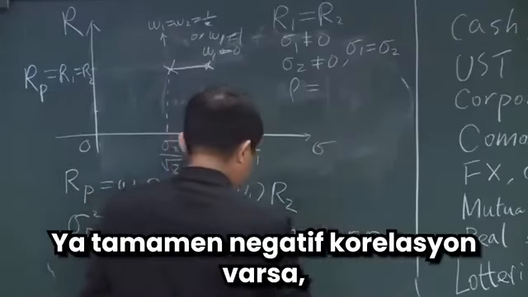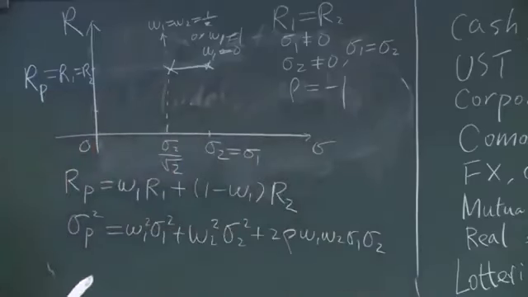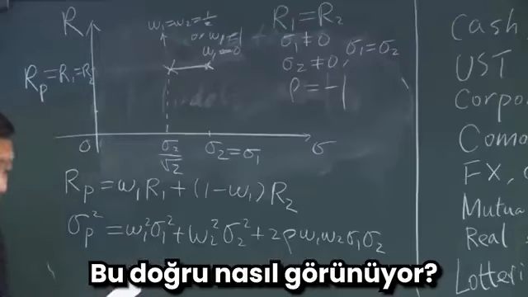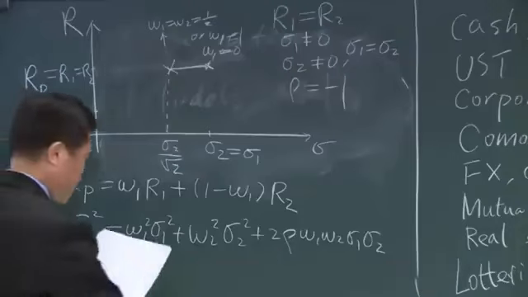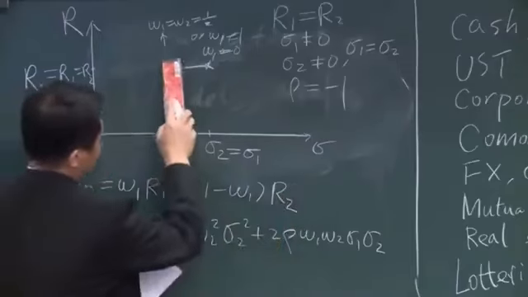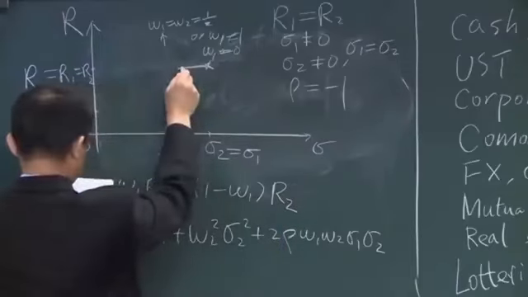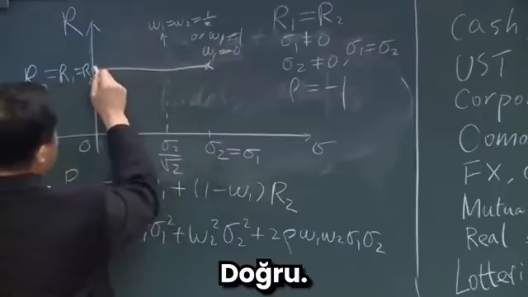What if it's perfectly negatively correlated? What does this line look like? Right?